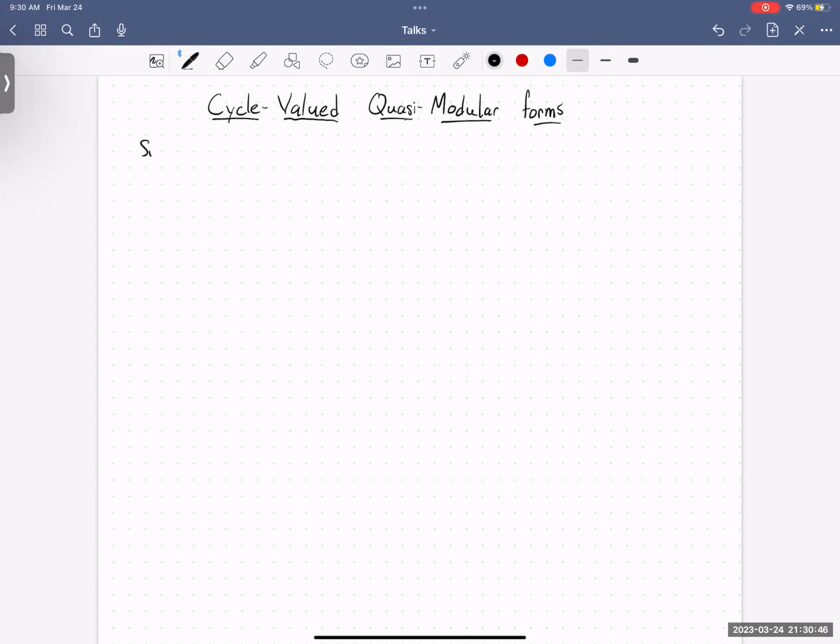Suppose you have a family of surfaces. The first interesting example is K3 surfaces, so let's say a one parameter family of K3 surfaces.